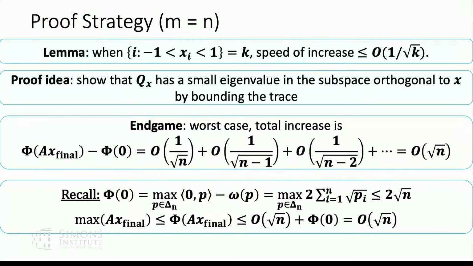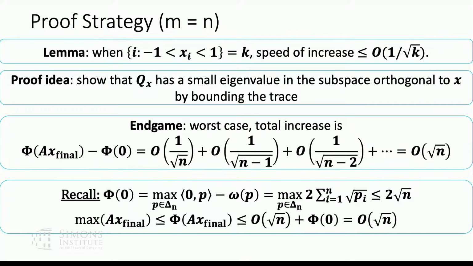But remember that phi at 0 is not 0, right? I must pay something in exchange for getting this nice smooth approximation of the maximum function. The value of phi of 0 is the maximizer of this linear term, which is 0 minus omega of p over p's on the unit simplex.